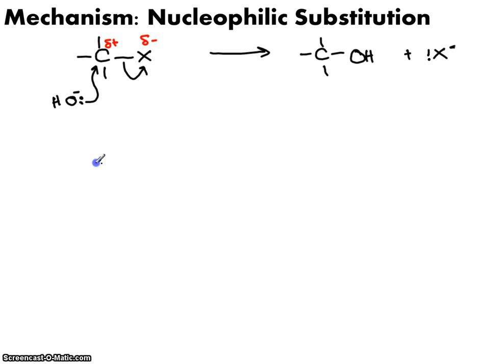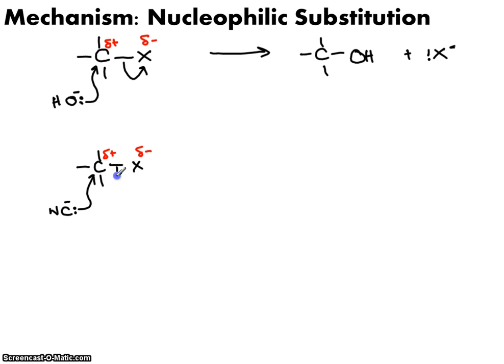The second one, which we said we had to be able to do, was when your haloalkane reacts with CN- as the nucleophile, and it's exactly the same as before. We've still got a delta plus on the carbon, a delta minus on the halogen, which makes this our nucleophile attack site.